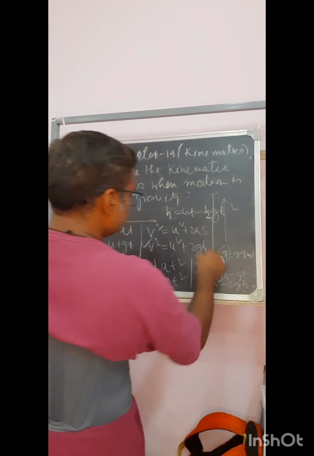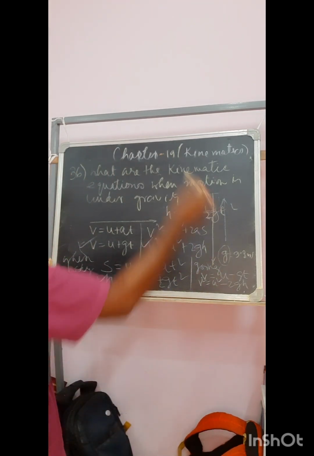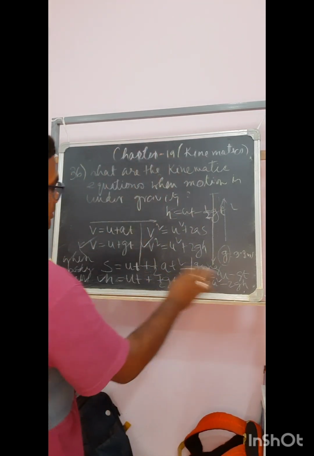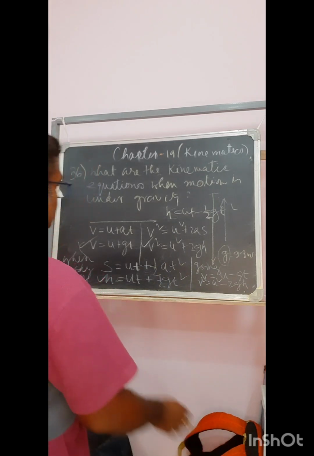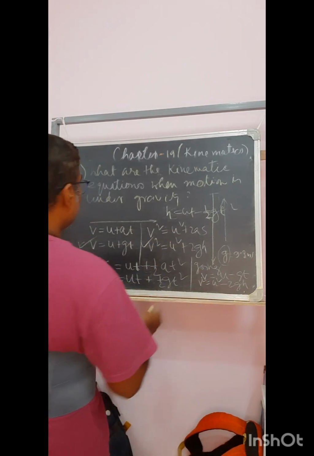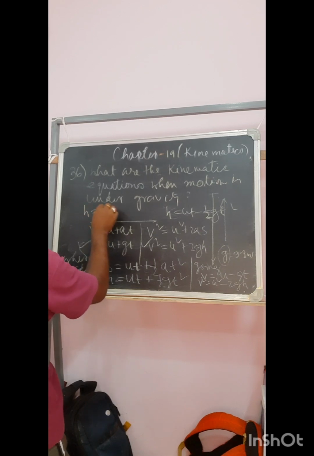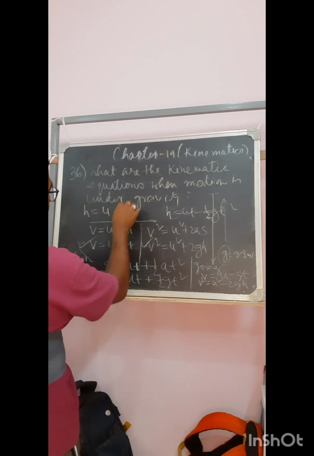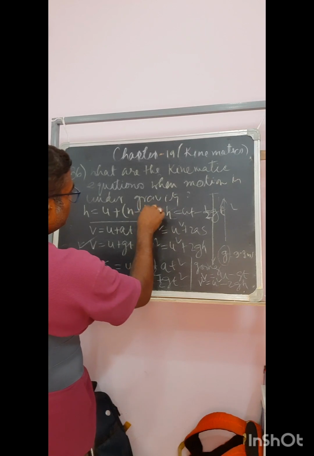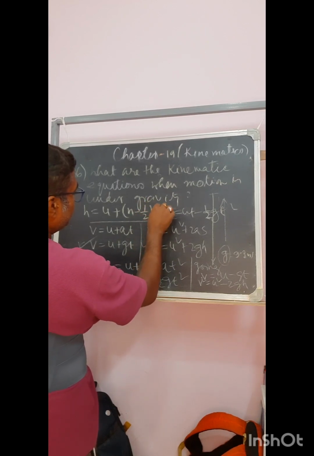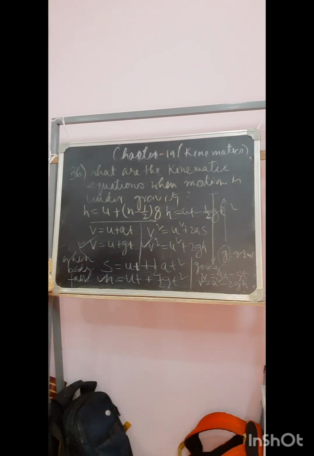So only the minus will come when the motion is upward. This is the overall set of equations. There is not much difference, and Galileo's trick can also be used for that: h is equal to u plus (n minus 1) into a, that means g. You can use it; it is also applicable in this case.